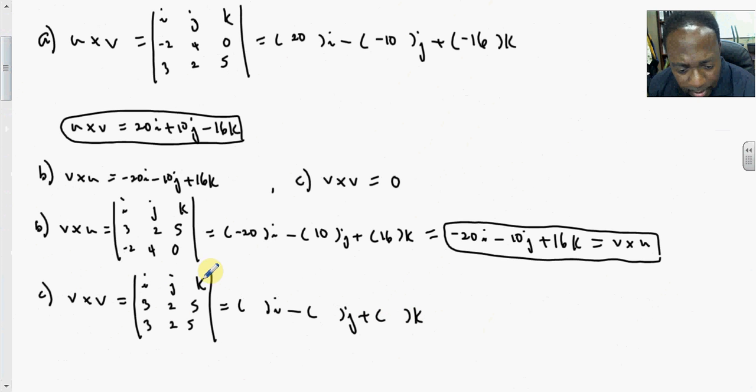So let's see. Delete the ith row and column, so we get 10 minus 10, 0. For J, delete the jth row and column, we get 15 minus 15, 0. For K, delete the kth row and column, we get 6 minus 6, 0. And nothing from nothing leaves nothing.